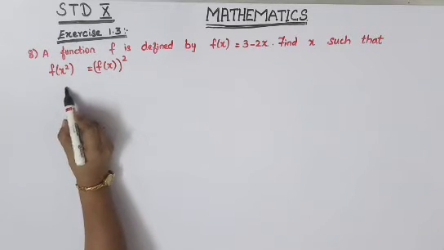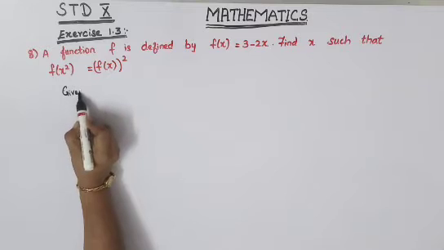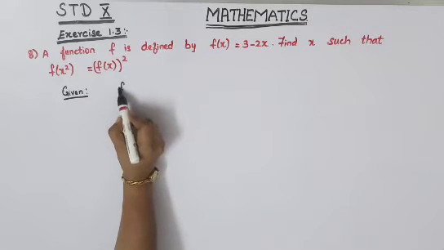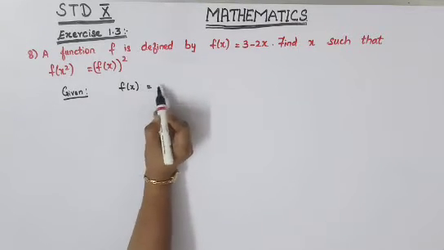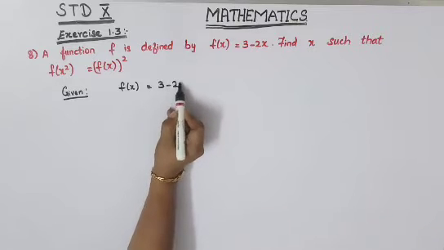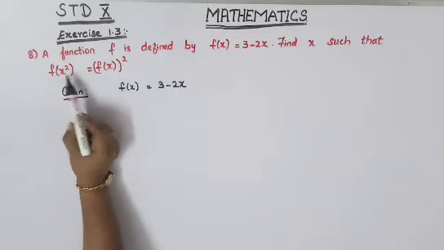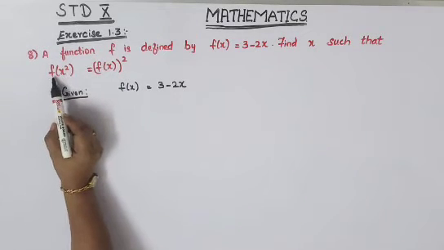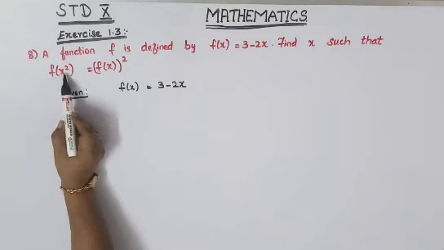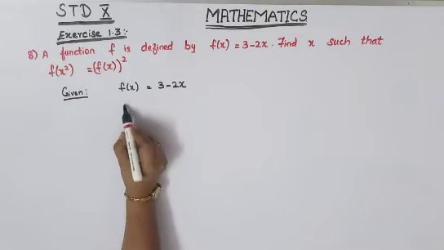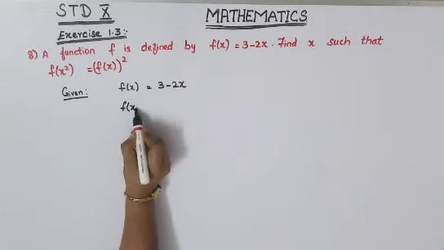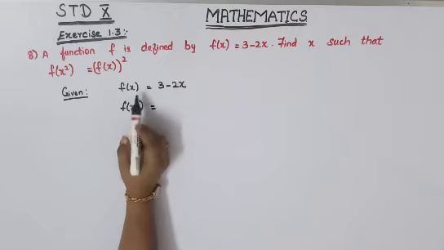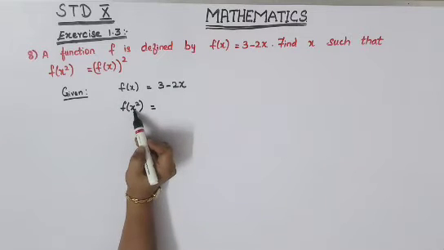So we'll just write the given: f of x is equal to 3 minus 2x. Just see what is needed. Here only f of x is there, so you can leave f of x as it is. But on the left hand side, it is f of x square. In the place of x you will have to replace x square.